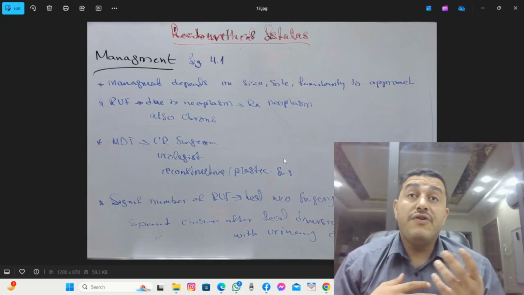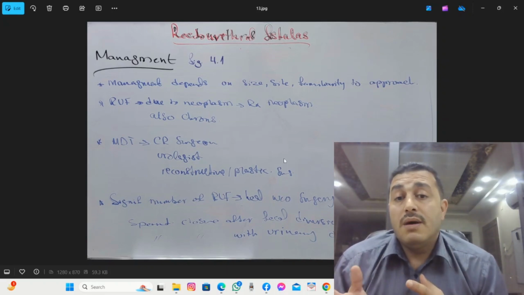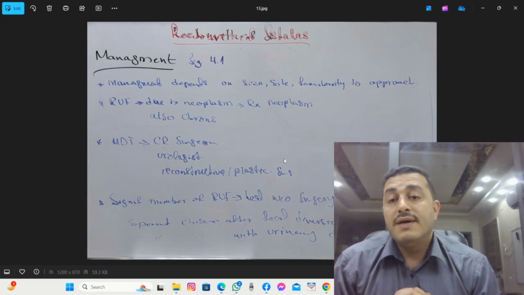Some surgeons prefer some approaches while others do not, so the preference of the surgeon also plays a role.